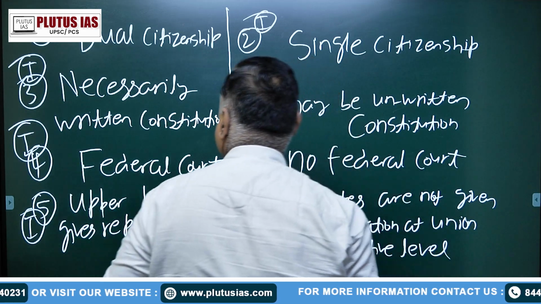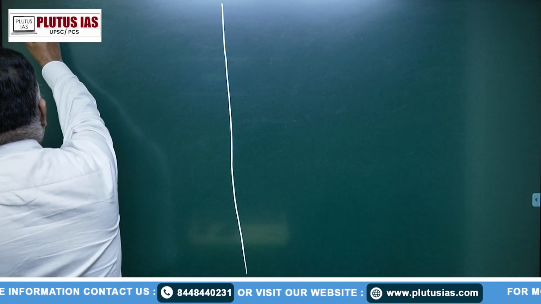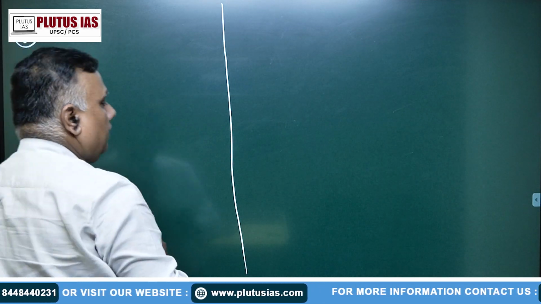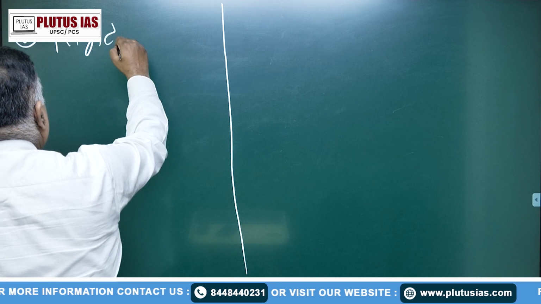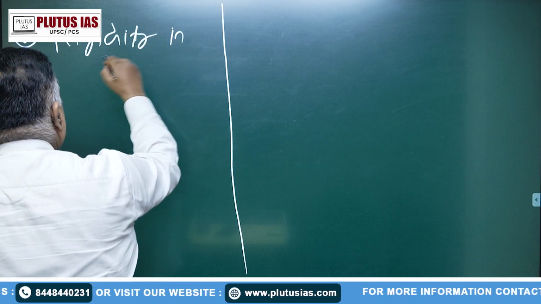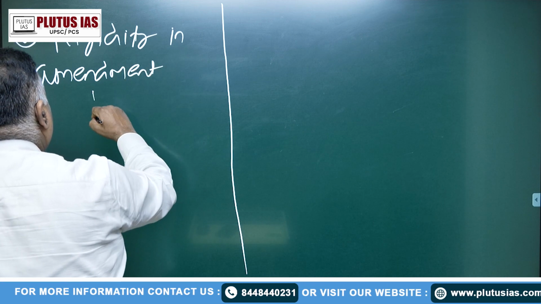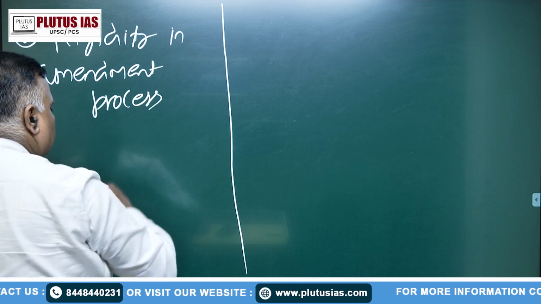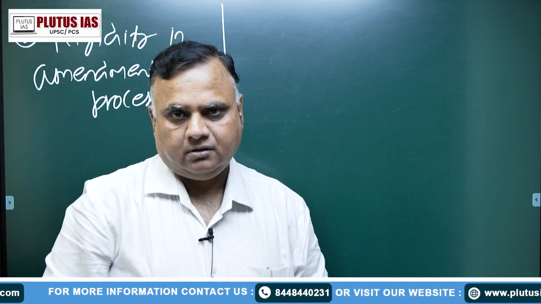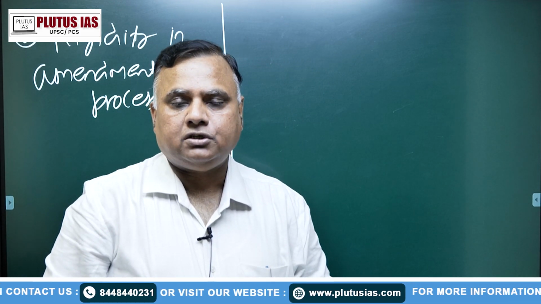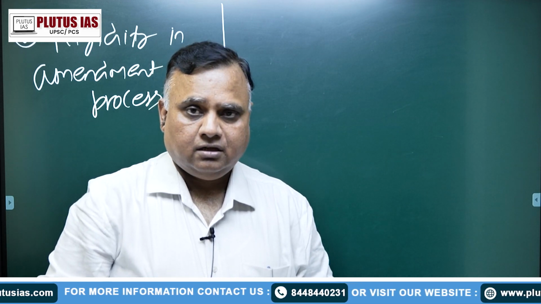If we see more differences between federal polity and unitary polity, if you see fifth point we have seen, now sixth point. In federal polity, rigidity in amendment process. Rigidity protect states. So no law which encroaches or takes away the power of the states can be easily passed by center without their consent.